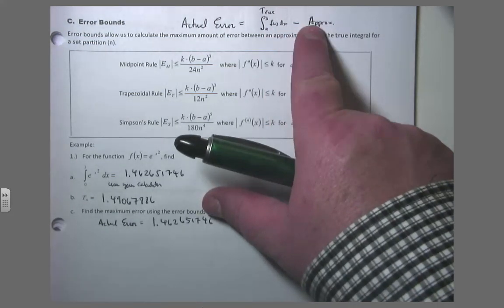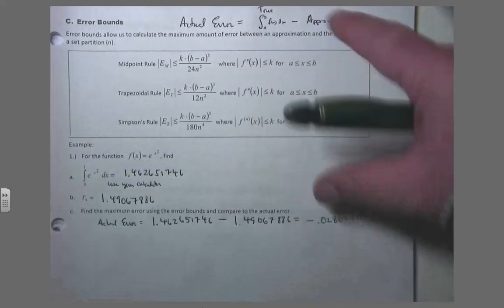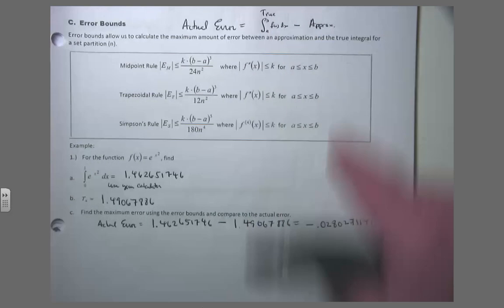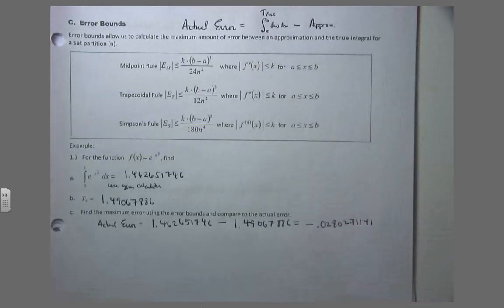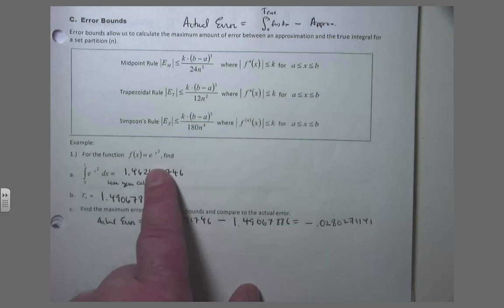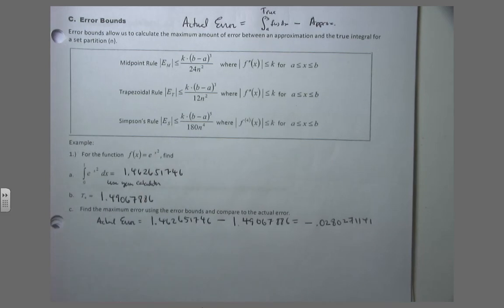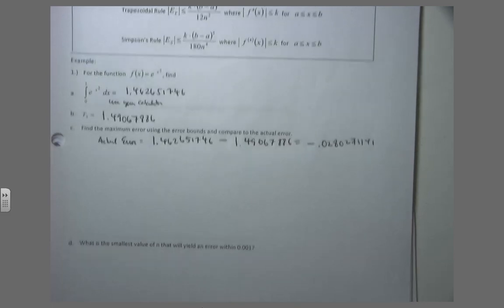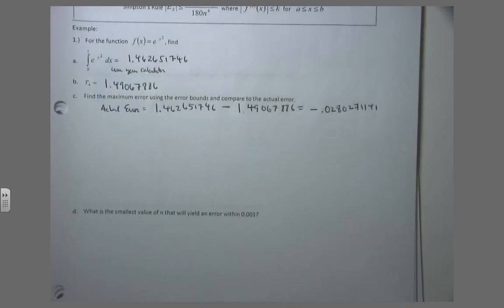Because you're subtracting off the approximation from the true integral and you still got a negative, that means the approximation is an overestimate. If I do true minus approximation and it's positive, that means it was an underestimate. Does that make sense? You can actually look at the numbers and see that this is an overestimate of the true integral. That's what the negative tells me. But now, here's what we want to show you guys.